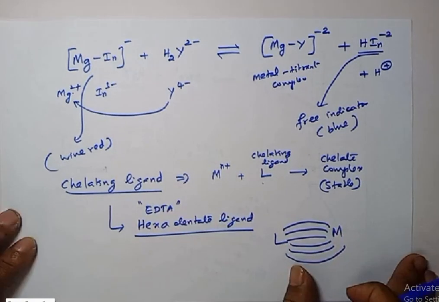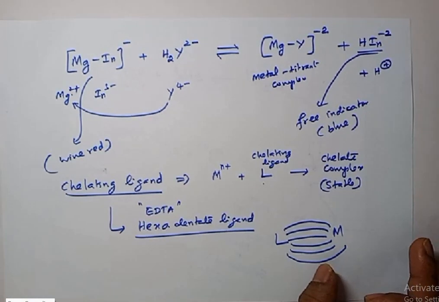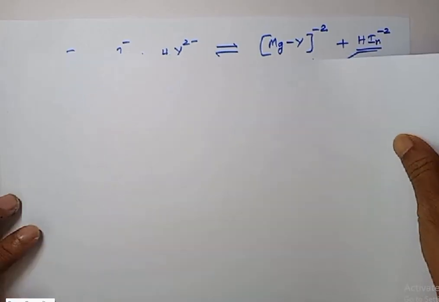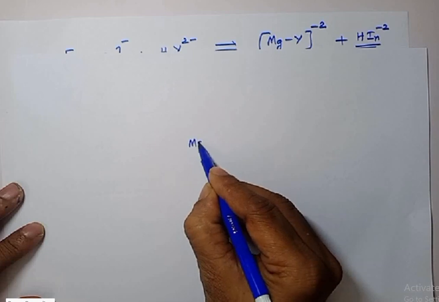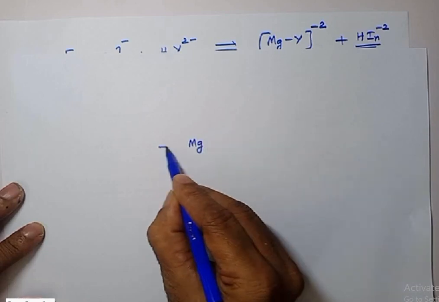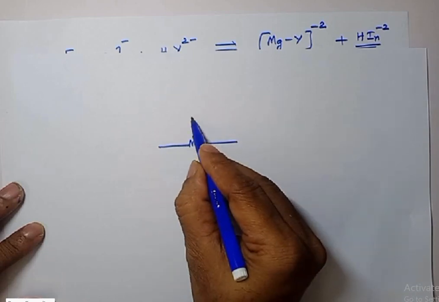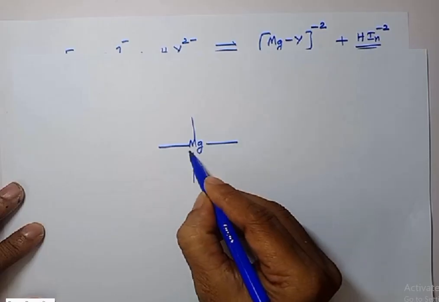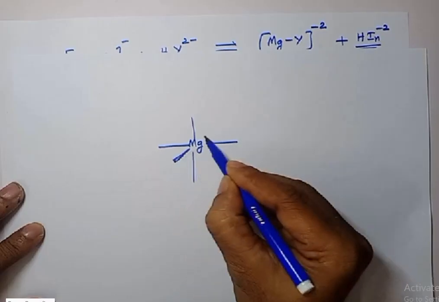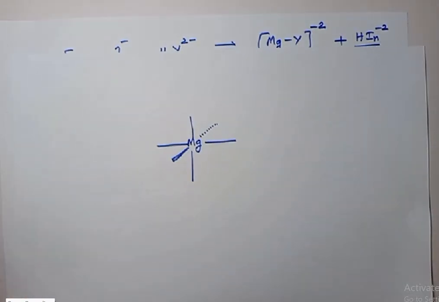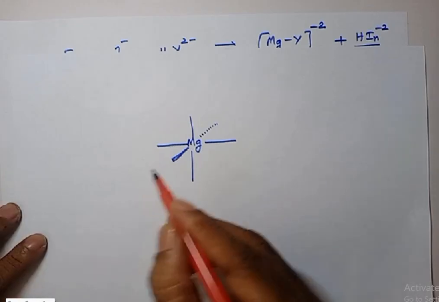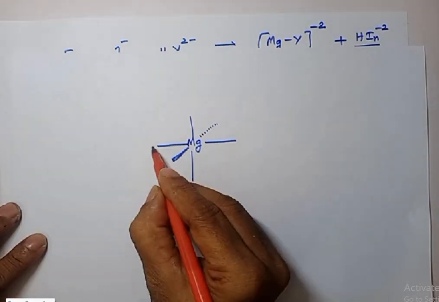Let me draw the structure clearly so that you can understand this. Let me draw the structure with the magnesium ion. Observe carefully. Magnesium ion. The ligand forms an octahedral complex with the magnesium. So let me draw the EDTA structure here.